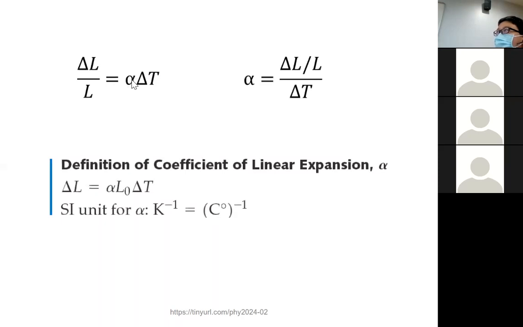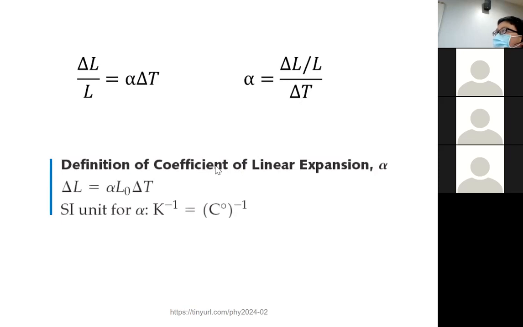It looks like A, but it's alpha. This alpha is associated with the material itself, so different materials have different alpha. If you rearrange the equation, alpha is equal to delta L divided by L, and then divided by the change in temperature, delta T.